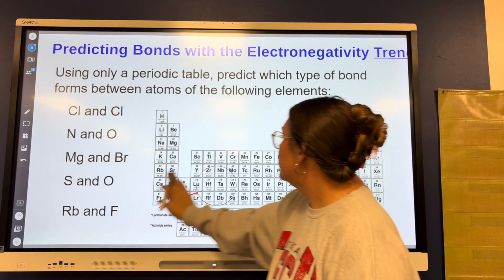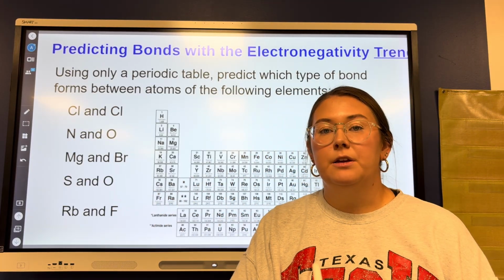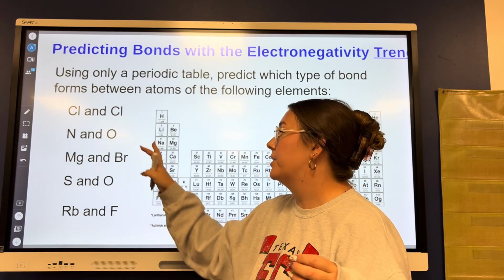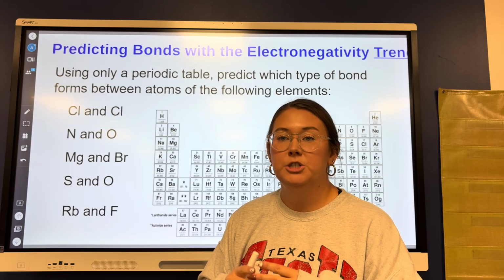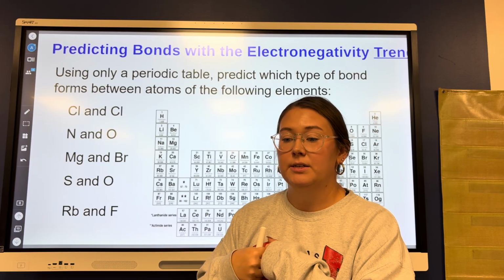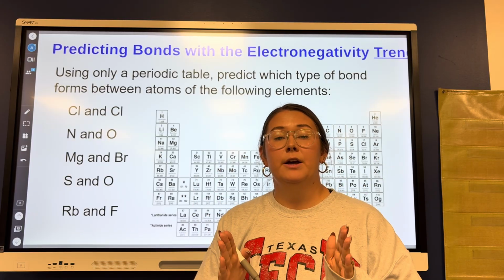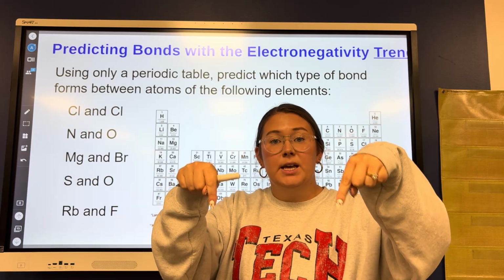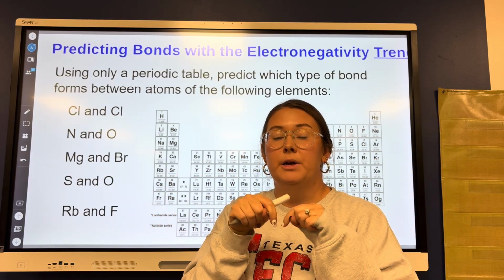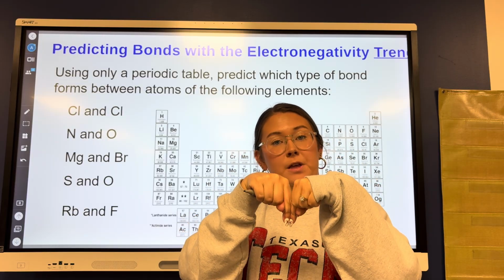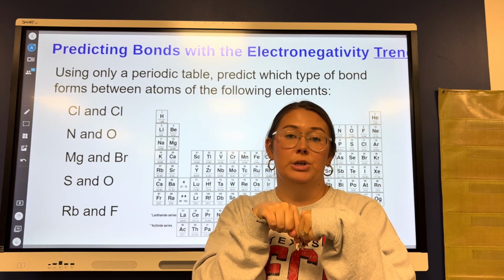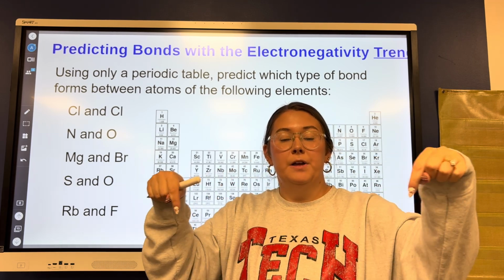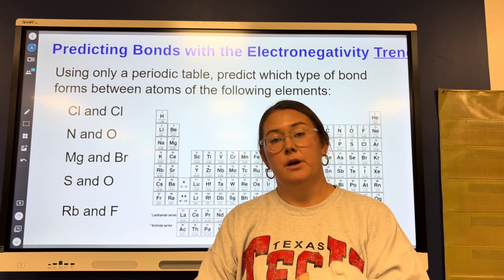So if I'm trying to determine whether a compound or a bond is polar or nonpolar just based on location on the periodic table, I want you to have your periodic table in front of you and use your fingers and physically touch where these two elements are. The closer your fingers are, the less polar or the more nonpolar. The farther apart your fingers get, the more polar the bond is.